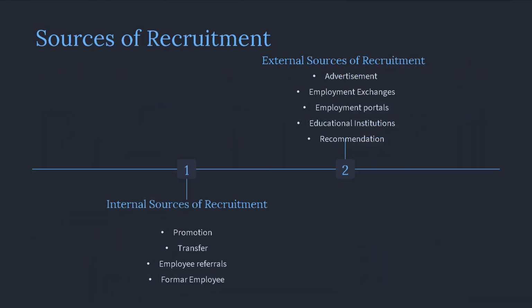Now, the sources of recruitment. There are basically two sources of recruitment: internal and external. Internal sources are those within the boundaries of the organization, like promotion, transfer, employee referrals, and former employees. External means going outside the organization, searching for people who are not part of it, for which you are advertising.